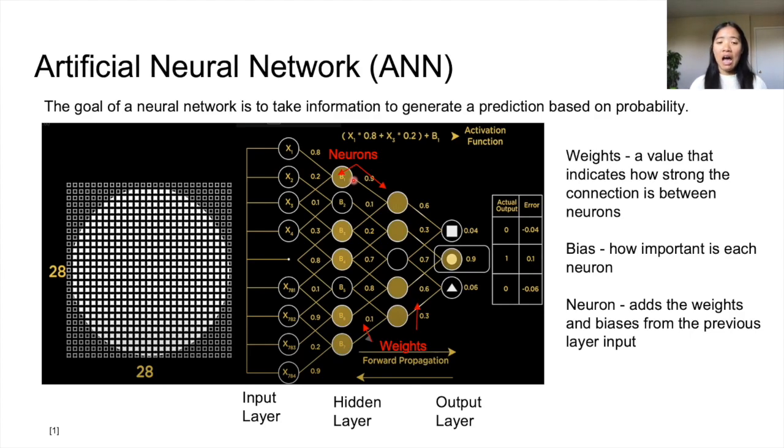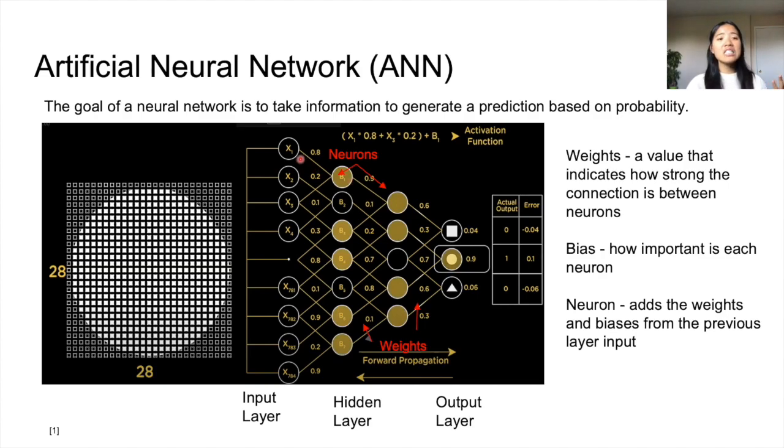On the other hand, there are these biases, which are values we associate with each neuron, and they indicate how important a neuron is. If we think of a neural pathway in the brain where not every neuron plays the same role in the pathway, and some neurons might be more significant, a bias is trying to take that into account in an artificial neural network.